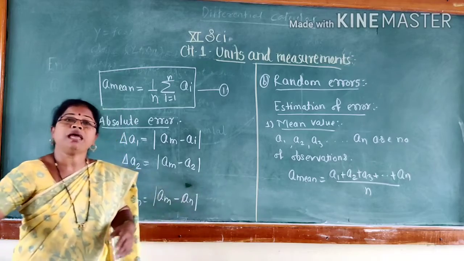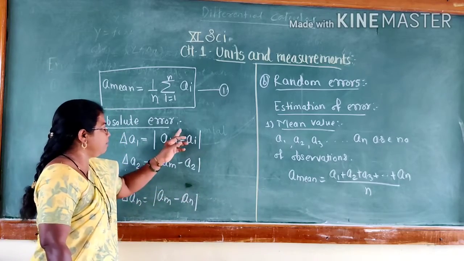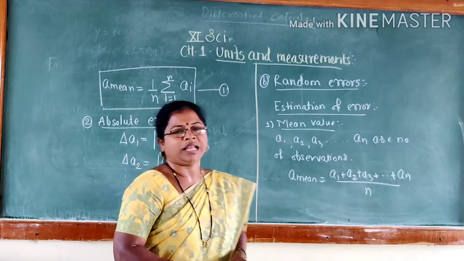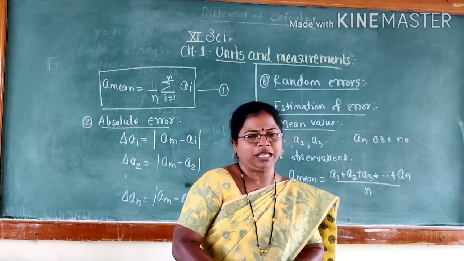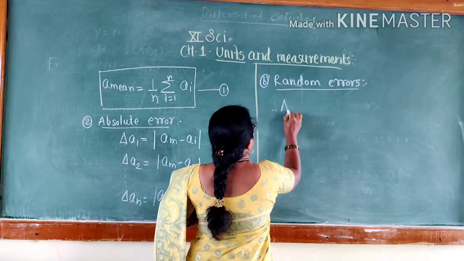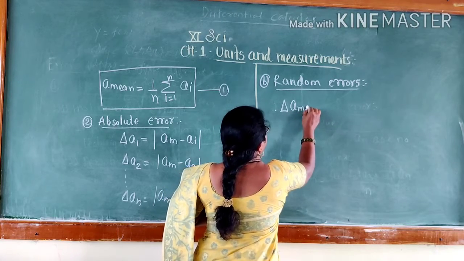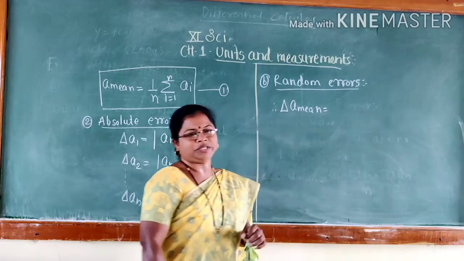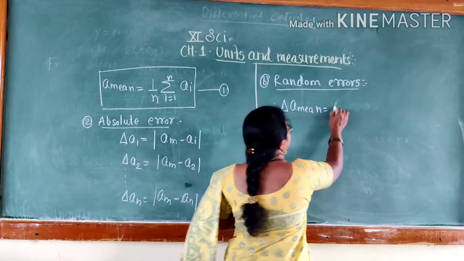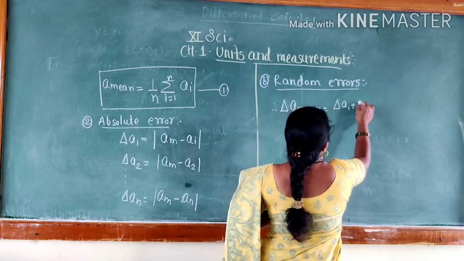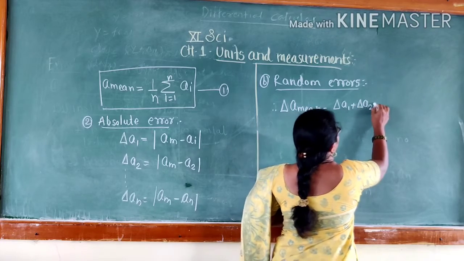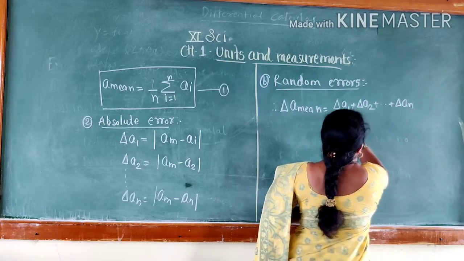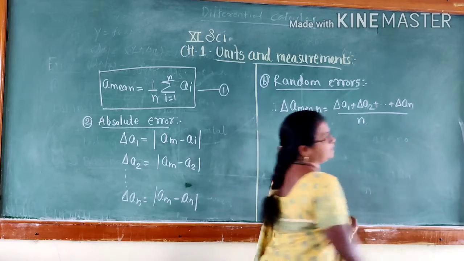After that, mean absolute error. Take the mean of all these absolute errors, and we will get the mean absolute error. Therefore, delta A mean is equal to delta A1 plus delta A2 up to delta An, divided by n.